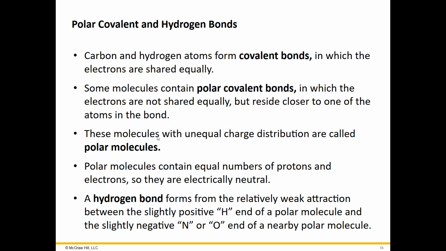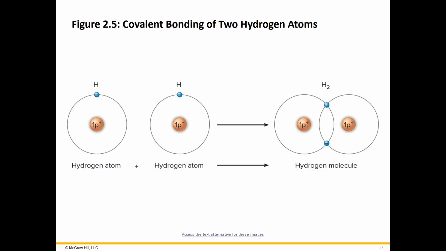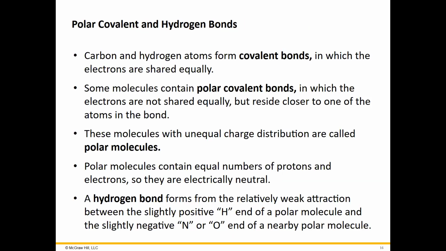non-polar covalent bond, which I think we're not talking about until later. That was my fault, sorry. So polar covalent bond is a molecule in which the electrons are shared unequally. So they reside closer to one atom than the other more often, okay?